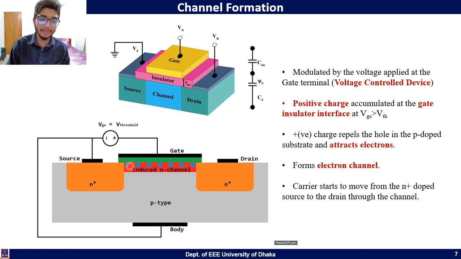These electrons will be gathered in the oxide and substrate interface and formed a N-channel layer. So this N-channel will eventually connect the source and the drain and will enable the carriers to flow from the source terminals to the drain terminals through the channel.